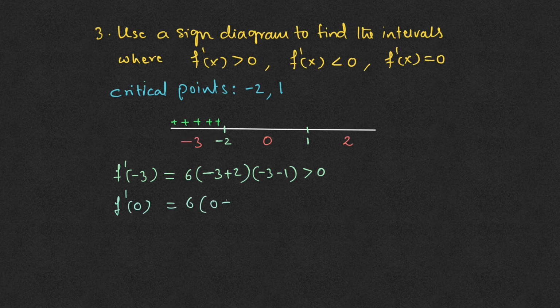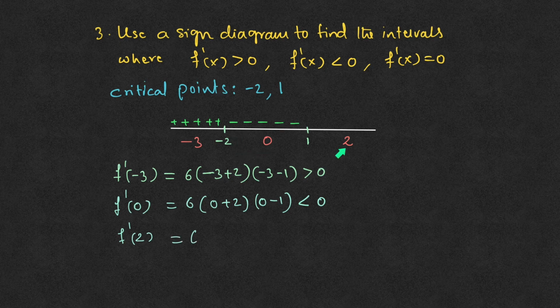Find the sign of the first derivative at the test point 0. f prime of 0 equals 6 times 0 plus 2 times 0 minus 1, which is a negative number, indicated by the negative sign in the interval containing 0.